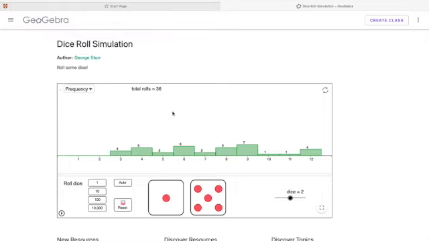And we actually got, in this case, we didn't get a sum of 2 at all. So no 2s here. But how many 3s did we get? We got 3 of these. How many 4s did we get?